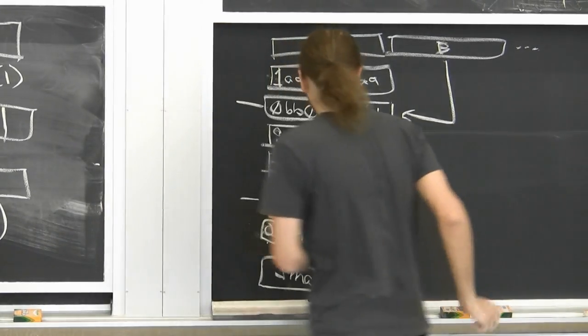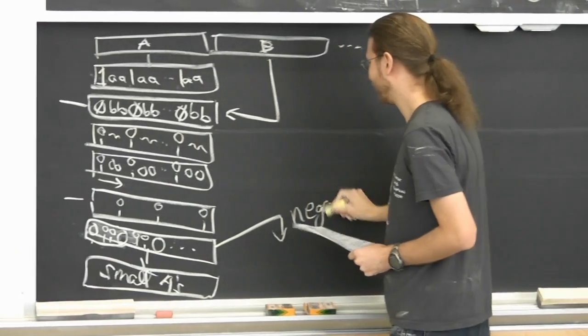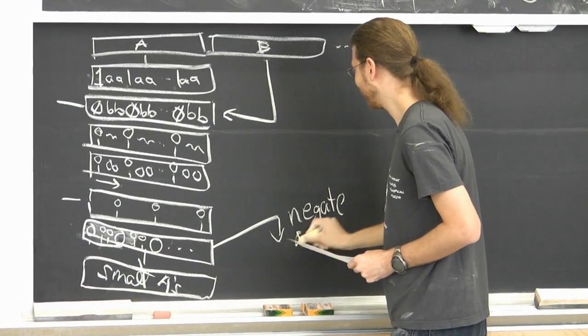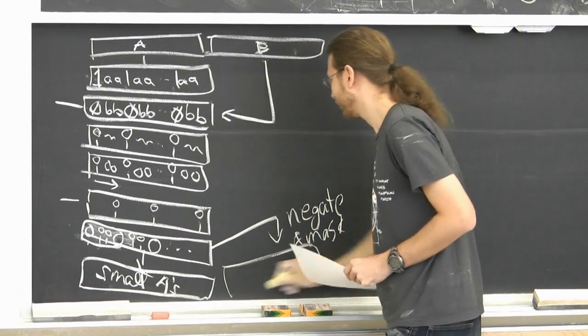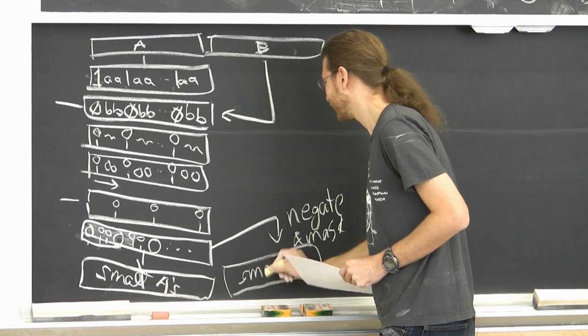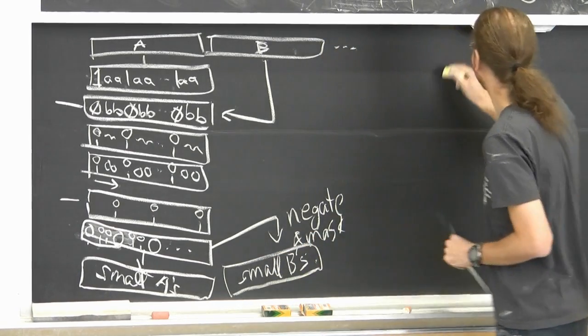And then if I take this thing and negate it, and then mask it with this, I get the small b's. And then I take this thing, I ran out of room.